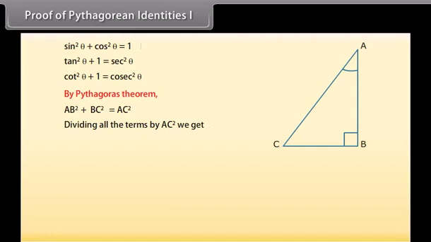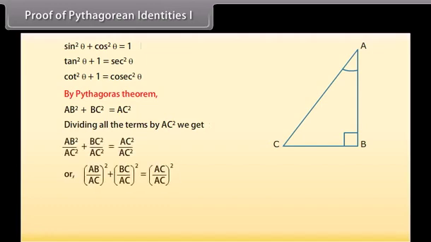Now dividing each term by AC square we can write it as AB upon AC whole square plus BC upon AC whole square equals AC upon AC whole square. That is, cos square A plus sin square A is equal to 1.